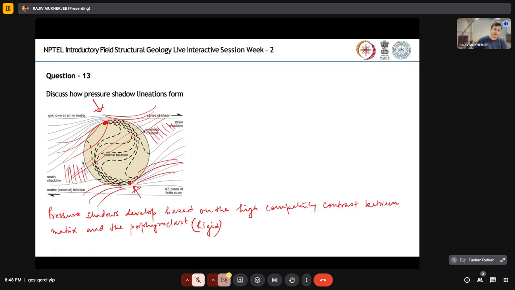And that's where fluid related depositions and precipitations take place, and that is how we get pressure shadow lineation. But the thing is that it requires the presence of a porphyroblast or a porphyroclast, right?